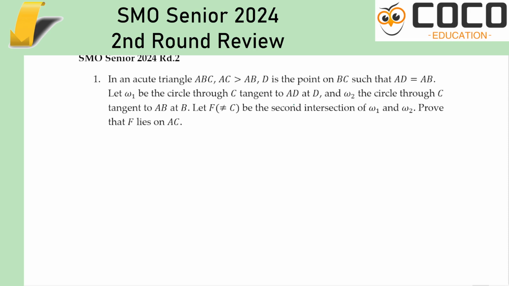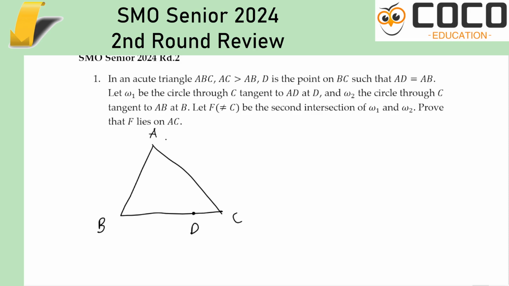The geometry question is not that hard to draw, first of all, because it gets to the point quite quickly. You have an acute triangle. And then put D on BC such that AD equals AB.